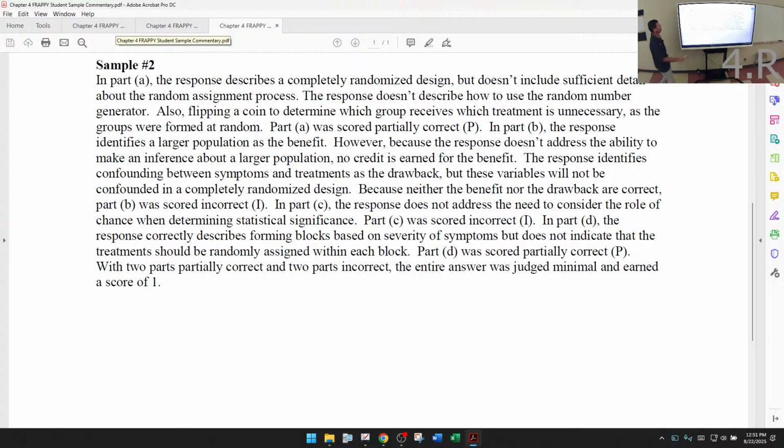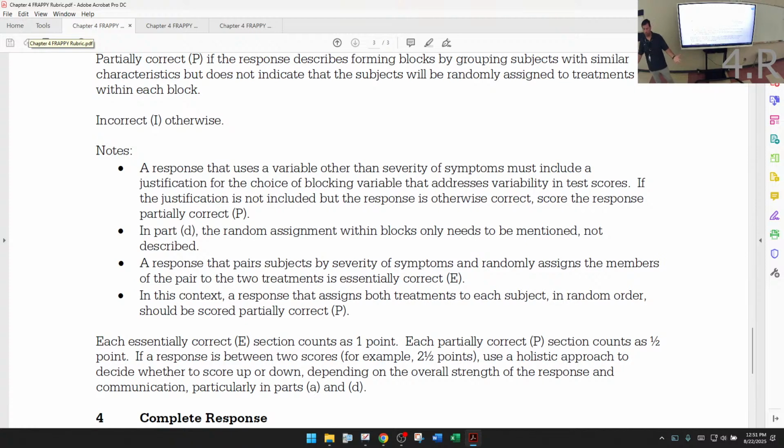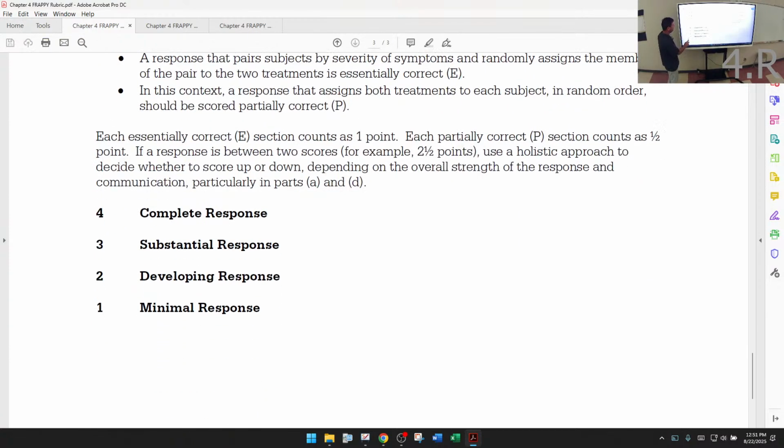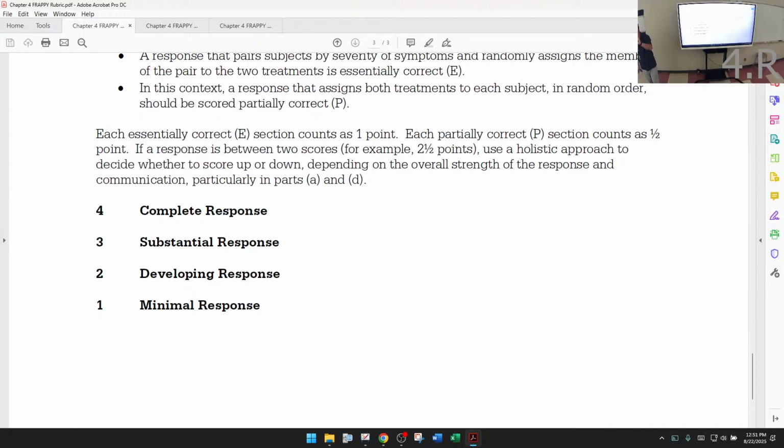Okay? Now let's talk about how AP would give you a point for this, and then I'll tell you my difference. Each E counts as 1 point. Each P counts as a half a point. So a max of 4 points.